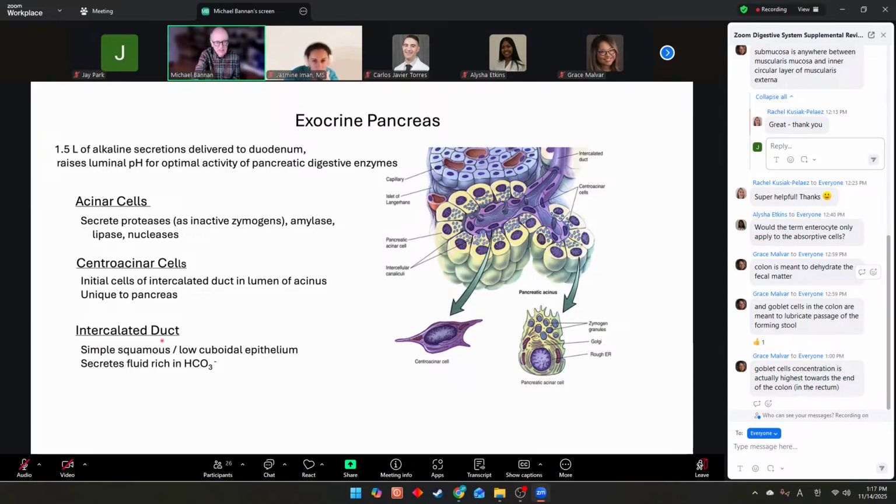The intercalated duct in the pancreas is a simple lining, either a simple squamous or low cuboidal epithelium, and this is an important structure because it's responsible for secreting fluid rich in bicarb. So this is the component of the pancreatic secretion responsible for altering the pH of the intestinal contents.